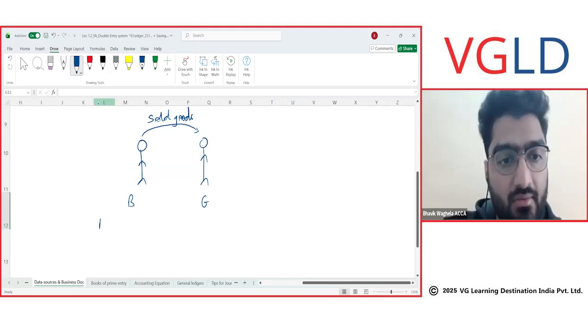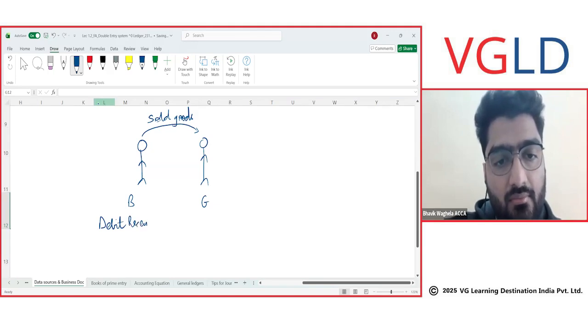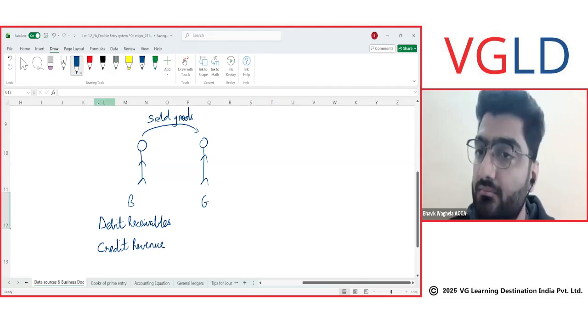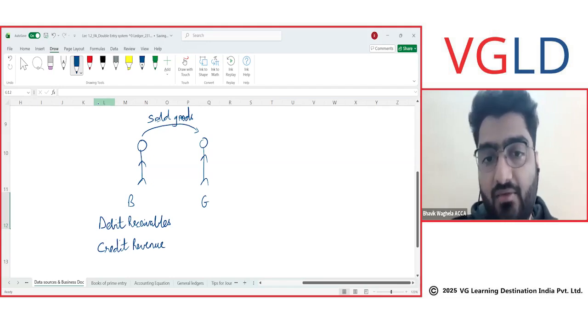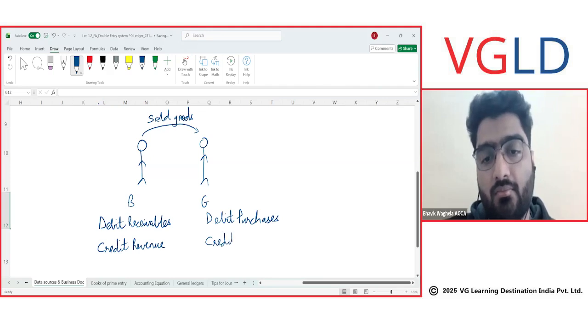He will say debit receivables and credit revenue, that is sales. What entry will Gurkirat record? He will say debit purchases and credit payables.